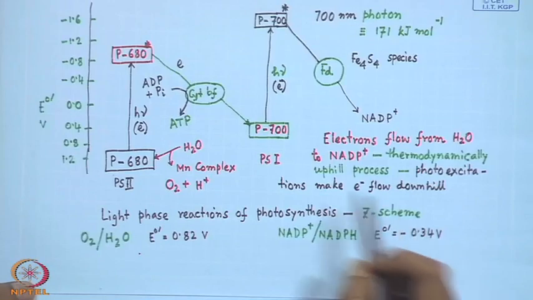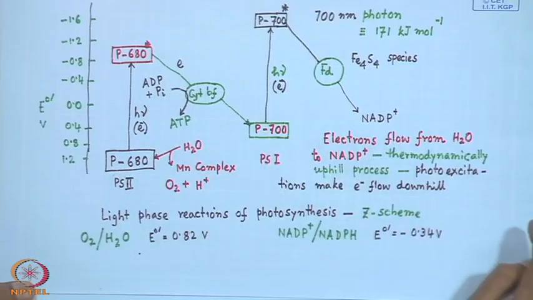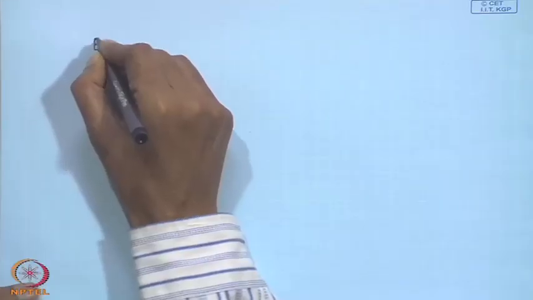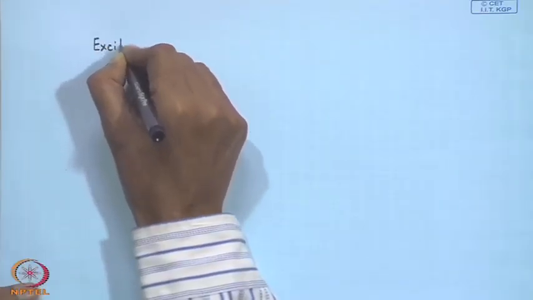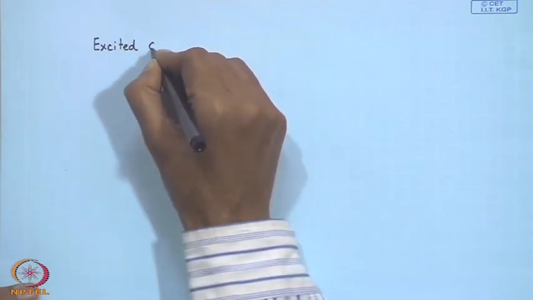So, we move from here to there, and during this process it is the chlorophyll which is taking the important role. In all these cases where an electron is coming out, we have the excited chlorophylls.